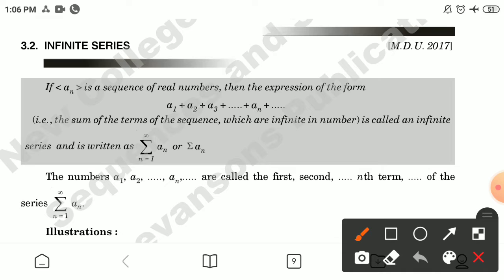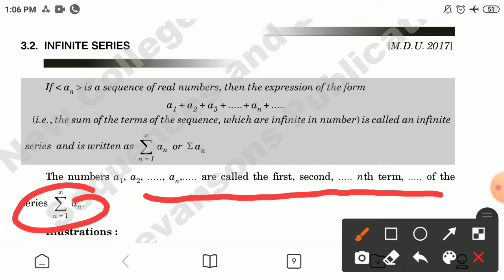The numbers a1, a2, a3 are called the first, second, third term, and an the nth term of the series.